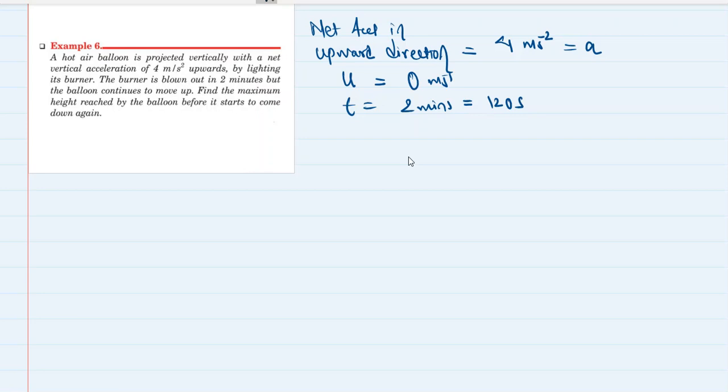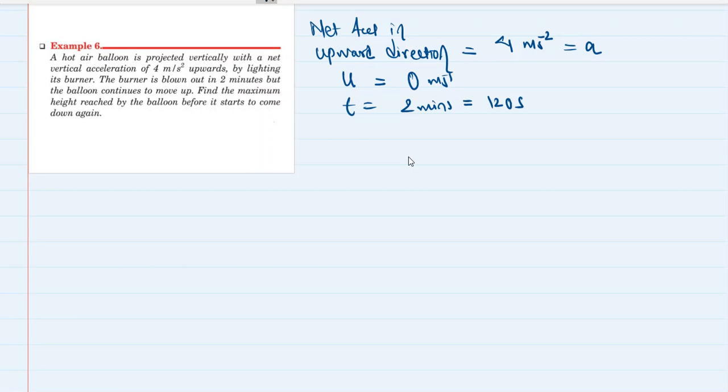So they say that the burner is blown out in 2 minutes, but the balloon continues to move up. After the burner is blown out, the net upward acceleration of the balloon will go on decreasing and it will become zero.